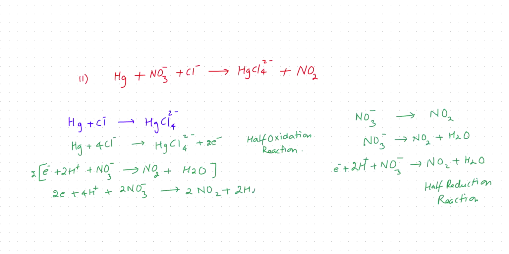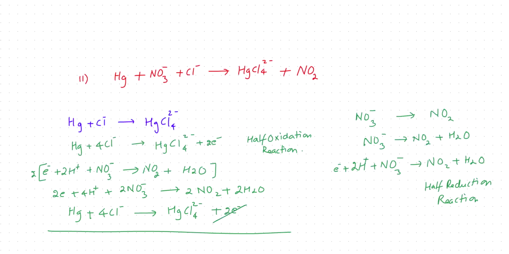Now we write the first equation and add the two equations. So we write Hg plus 4Cl negative gives HgCl4 plus 2 electrons. Now 2 electrons right side cancel with 2 electron on the left side. So all the reactant we write together.